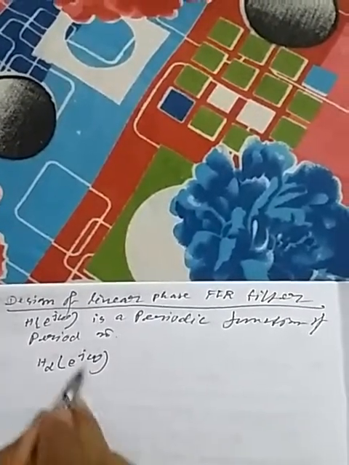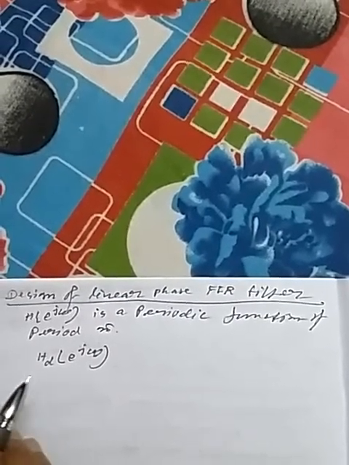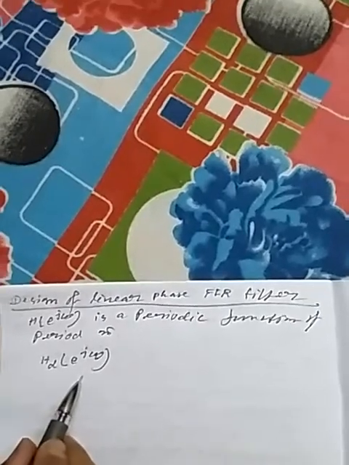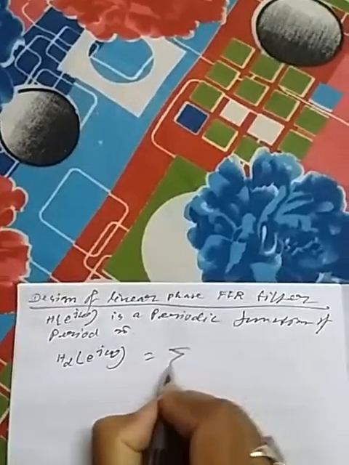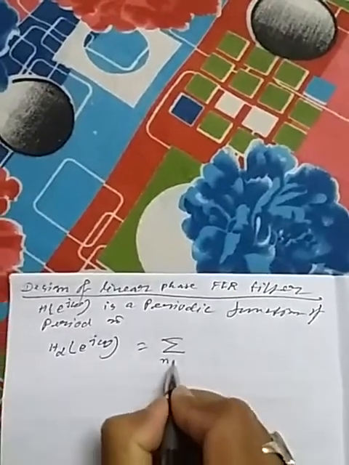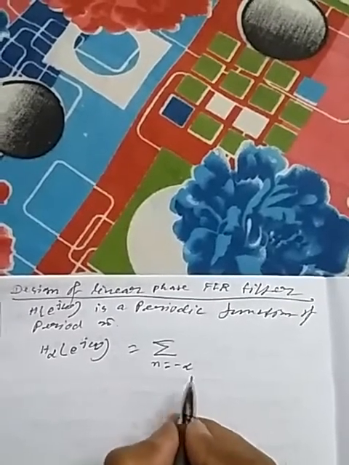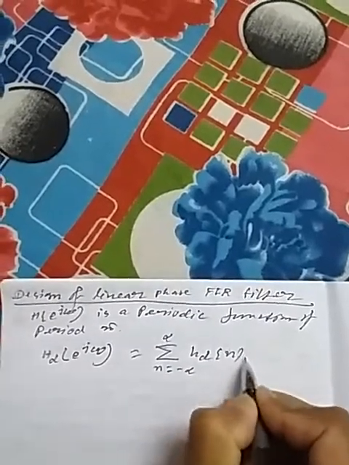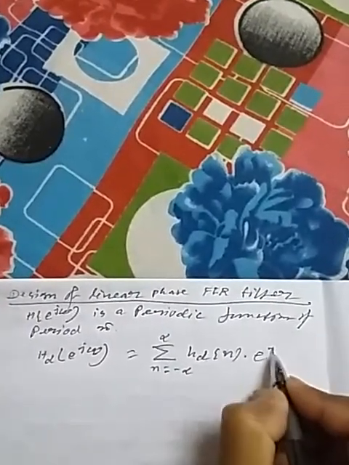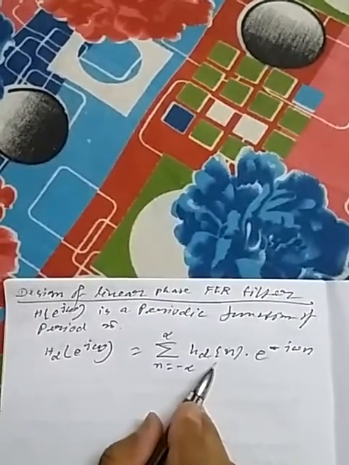So this can be written in Fourier transform formula as summation of n equal to minus infinity to infinity H_D(n) into e to the power minus j omega n. Now what is H_D(n)? That is the desired impulse response of the filter.